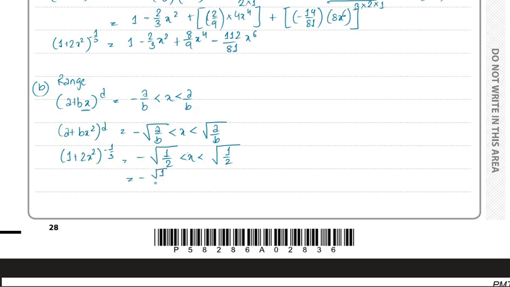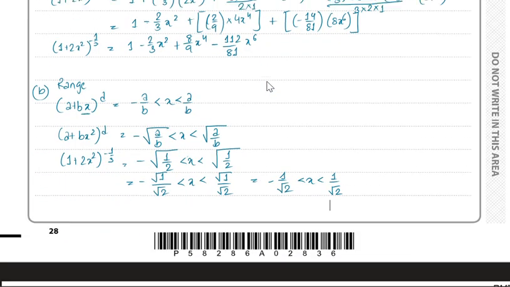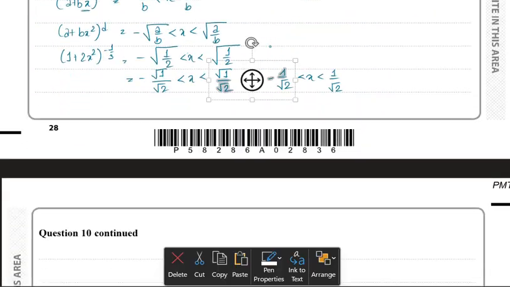So root over 1 divided by root over 2. Root over 1 is just 1, so you can just write it like -1/√2 < x < 1/√2. So this is it for part B. You could also give the answer in this form.